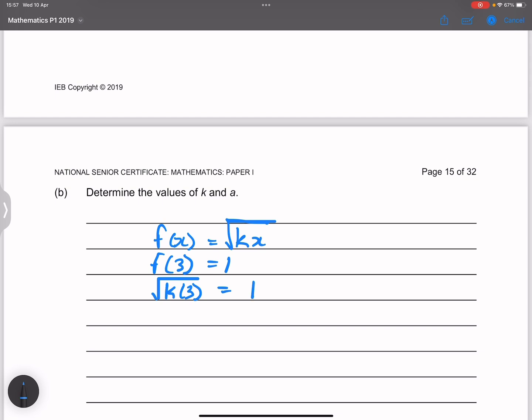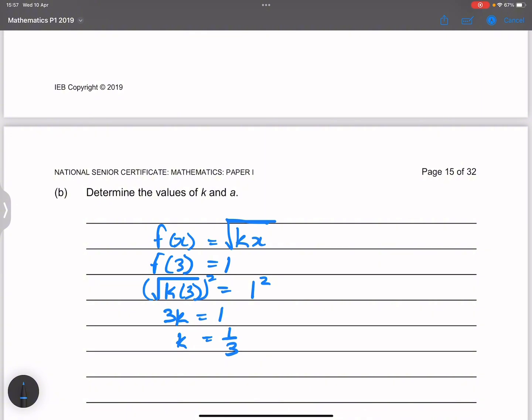Now to solve this, all we need to do, ladies and gents, is just to square both sides. So what do I get? I get 3k is equal to 1. So k is 1 over 3.